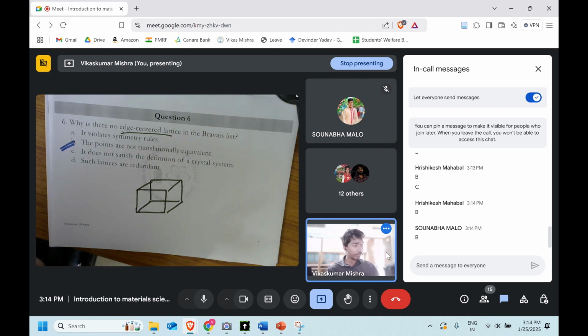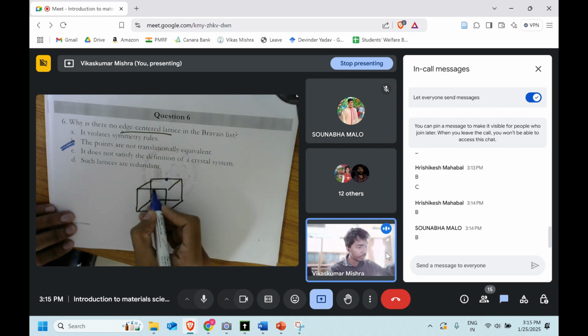So we know that for any crystal lattice, the lattice must be translationally equivalent, or else it will not form a lattice itself. So for example over here, let's put some atoms on the edge.